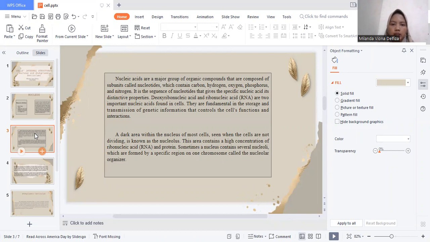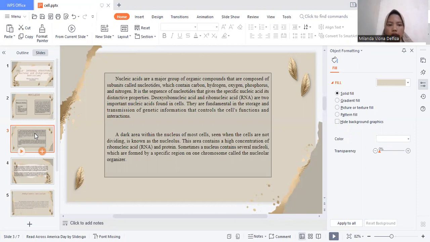Deoxyribonucleic acid, DNA, and ribonucleic acid, RNA, are two important nucleic acids found in cells. They are fundamental in the storage and transmission of genetic information that controls the cell's function and interaction.